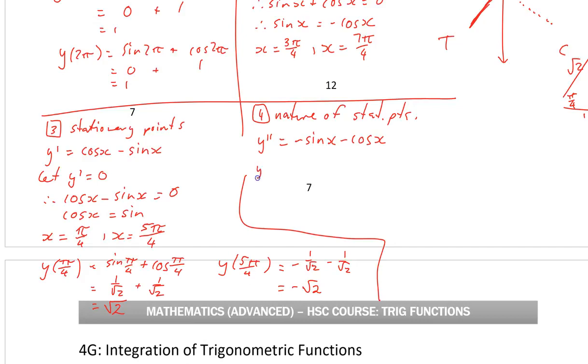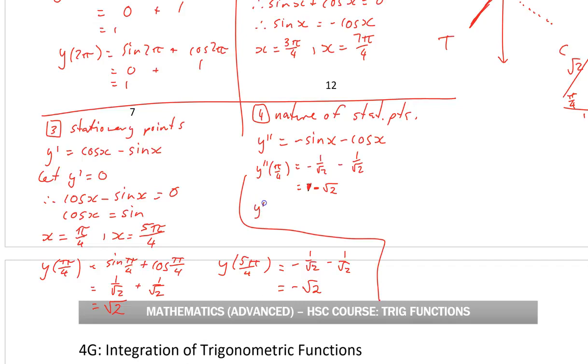Now I want to find y double prime of pi over 4, which equals, the sine of pi over 4, 1 over root 2. So I get negative 1 over root 2 minus 1 over root 2. Is this right? Yeah, that's 1 over root 2, equals negative root 2, just the same as it does down here. Okay, so that's one of them.